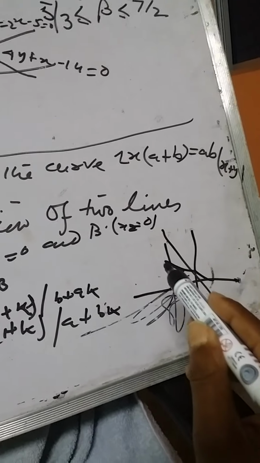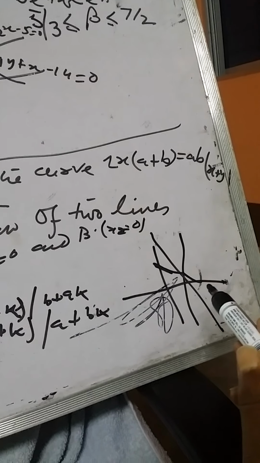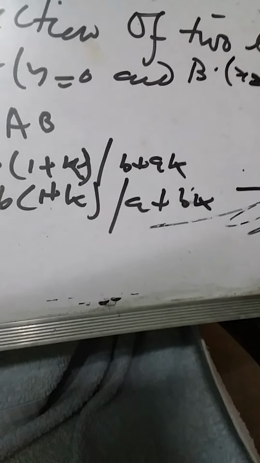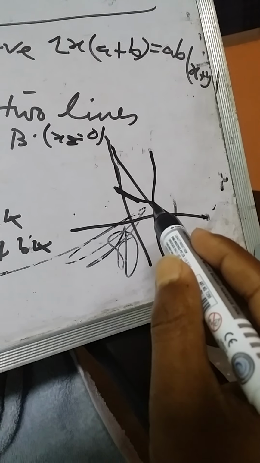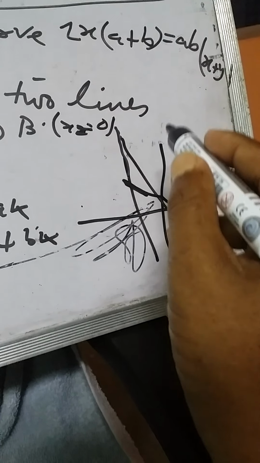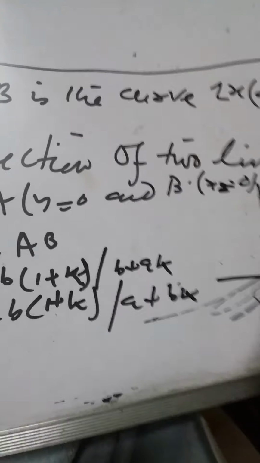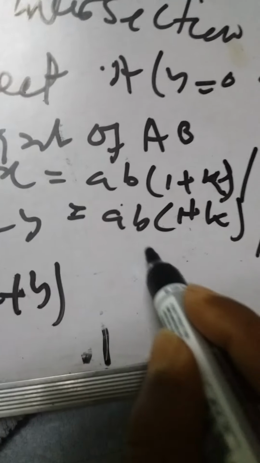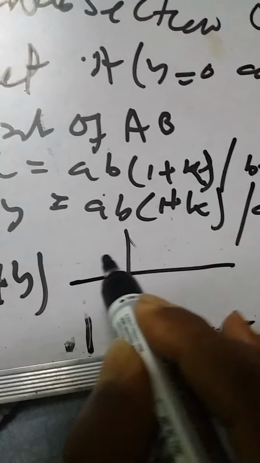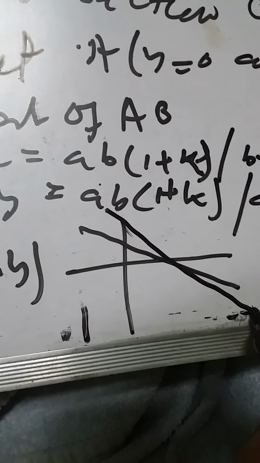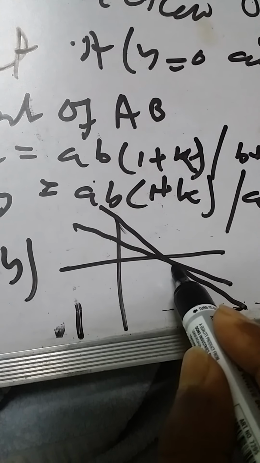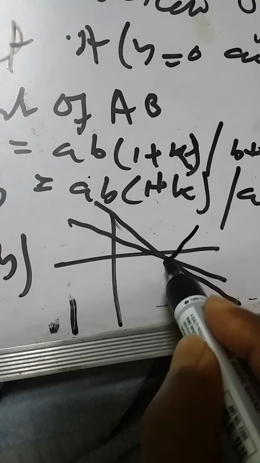Here, suppose this is one straight line and this is another straight line, and from their point of intersection, suppose this is the y-axis, this is the x-axis.